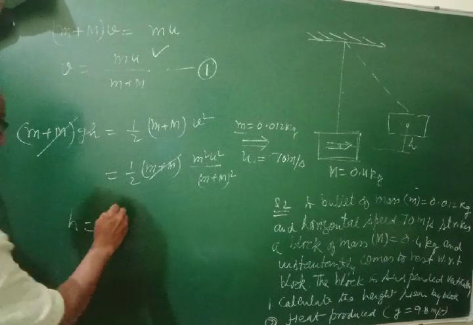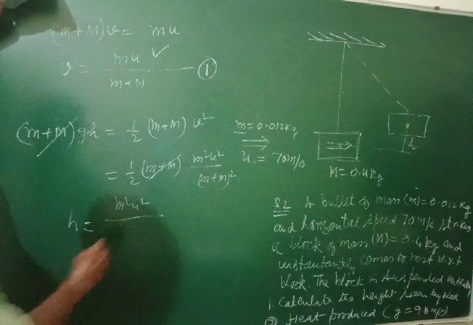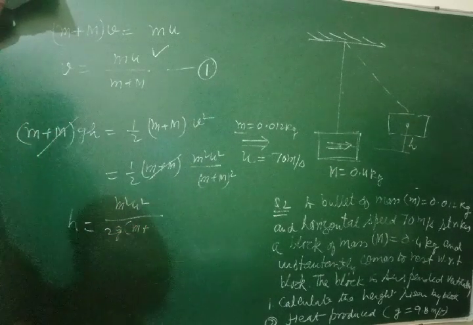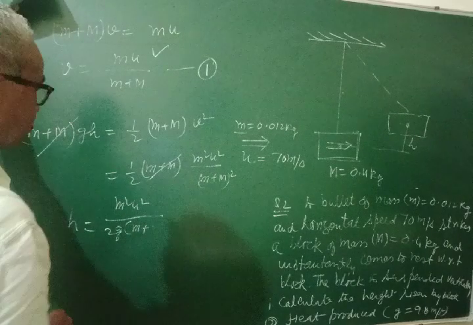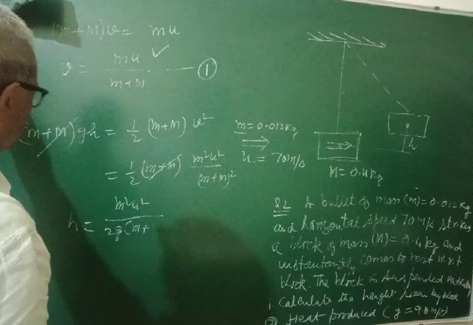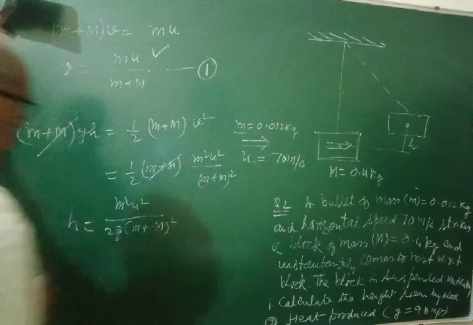h equals m square u square upon 2g into (m plus M) square. You put the value and you will get the answer.